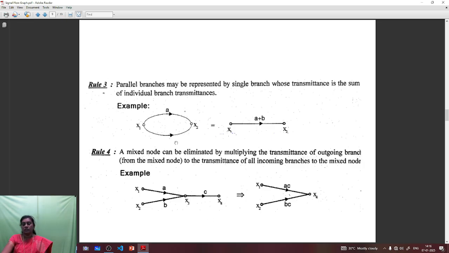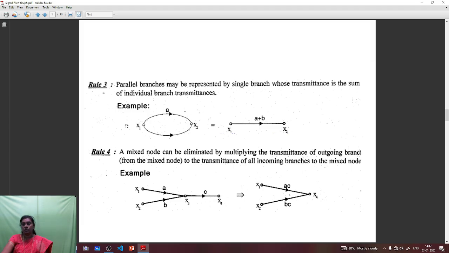And this is the third rule. In the previous rule we have seen about the cascaded branch, and here we are seeing about the parallel branches. The parallel branches may be represented by a single branch whose transmittance is the sum of individual branch transmittances. See here x1 is the input node and x2 is the output node.